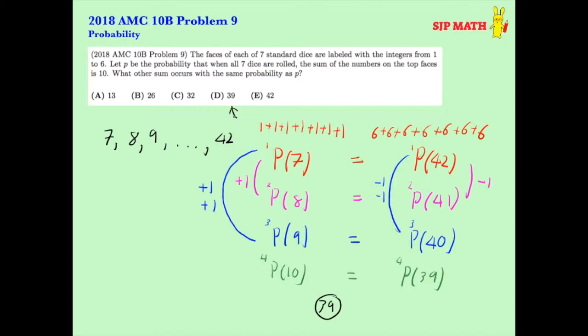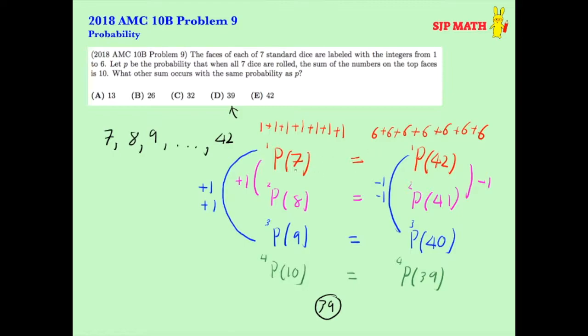So instead of brute forcing this problem by looking at all the possible sums we can obtain and then looking for that one sum that has the same probability as the sum of 10, we solve this quickly by finding a pattern between a pair of sums.